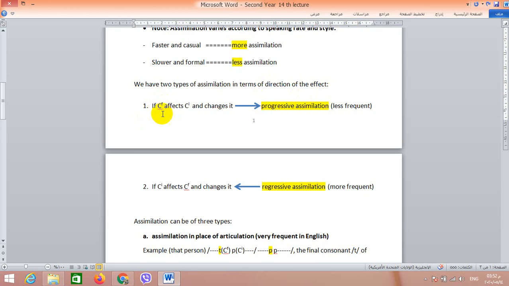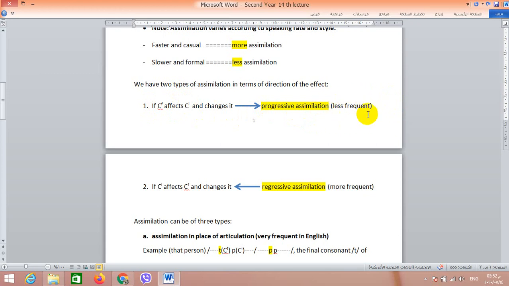If CF affects CI, I mean the final consonant causes the initial consonant to change, this is called progressive assimilation, which is less frequent in English.